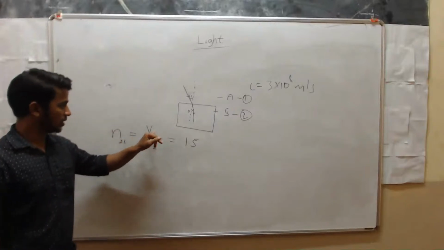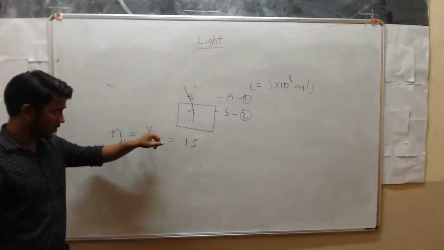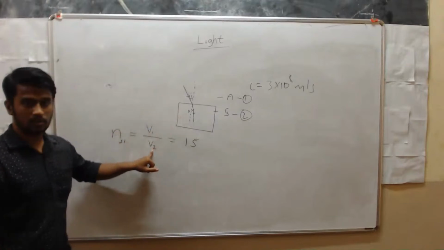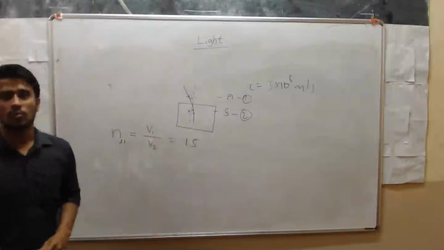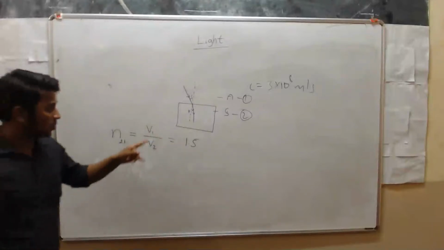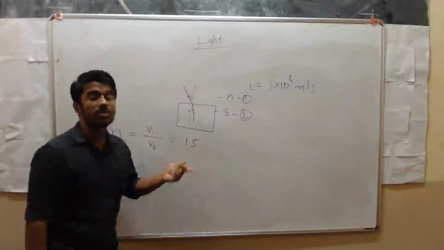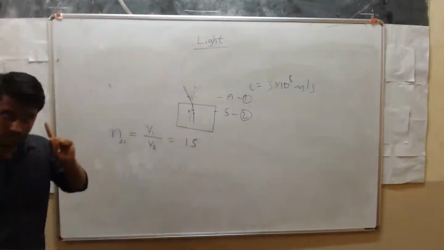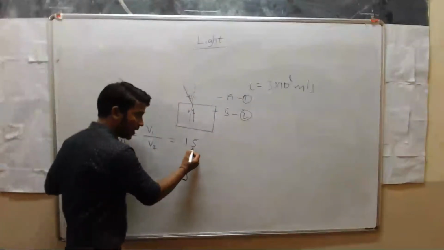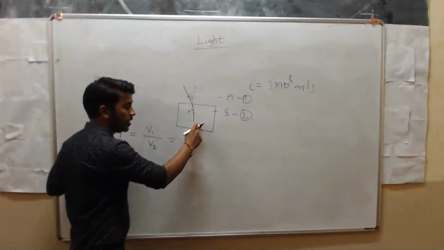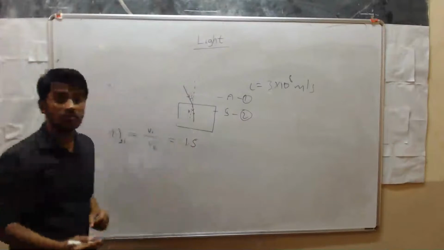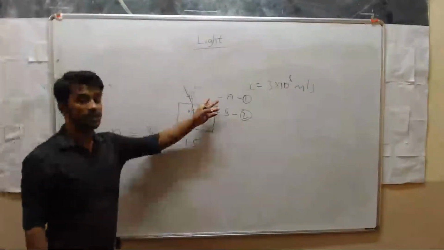Okay, 1.5 by doing this. So here you have entered the speed of light in medium 1 and the speed in medium 2. So after dividing, you just imagine, you will get the answer 1.5. Okay, so now this 1.5 is called the refractive index, which means the speed of light in the glass medium is 1.5 times lesser than the speed of light in air.